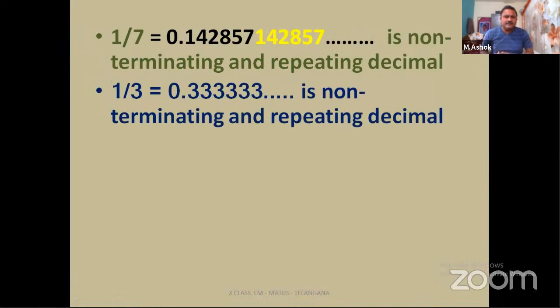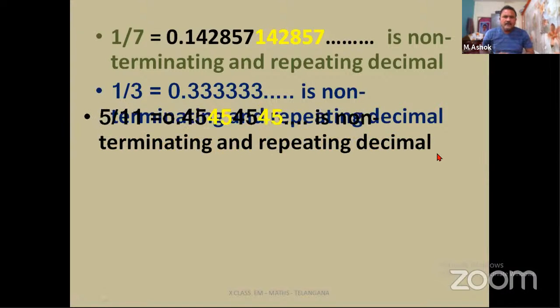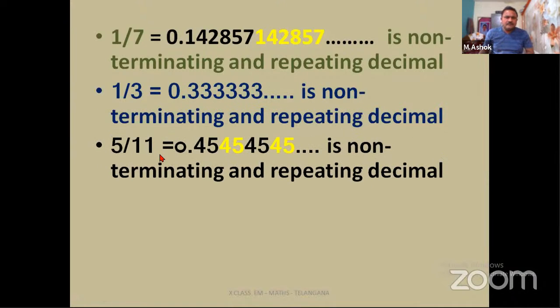Look at 1 by 3 also: 0.333 is a non-terminating and repeating decimal. And 5 by 11 is 0.45454545, where 45 is repeating again and again, a non-terminating and repeating decimal.